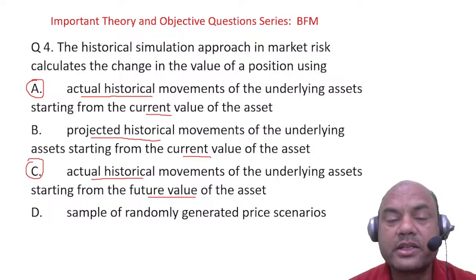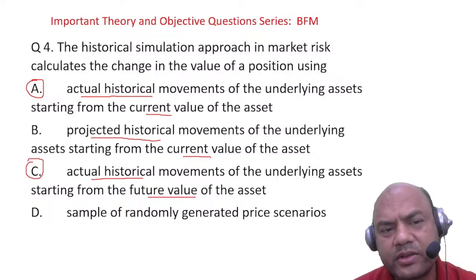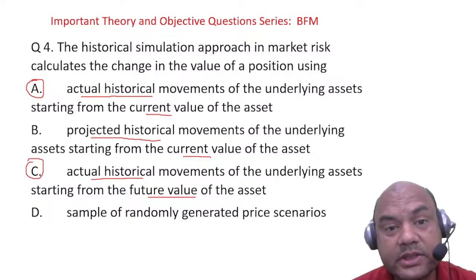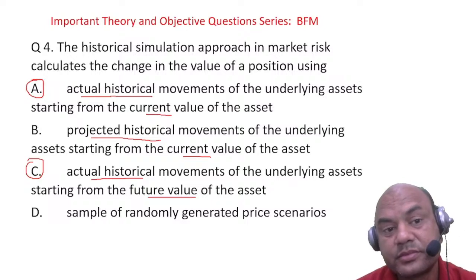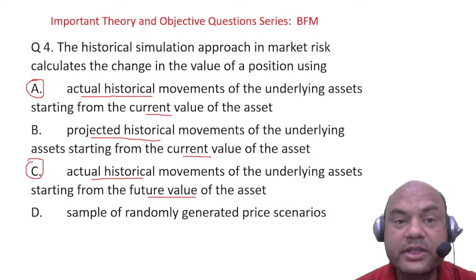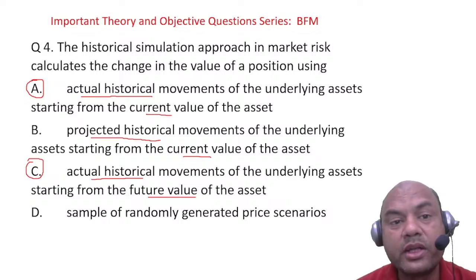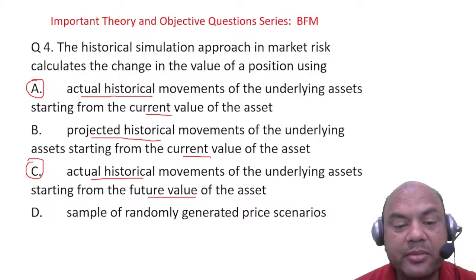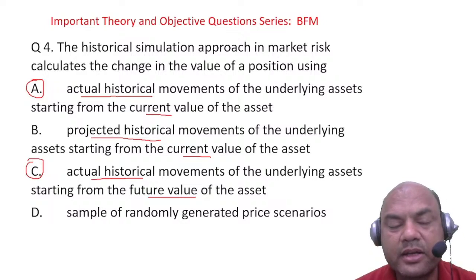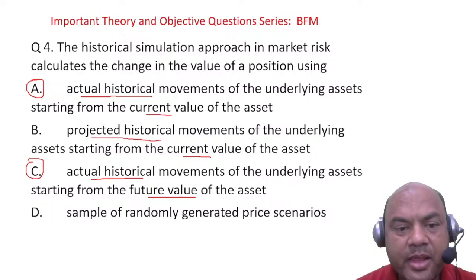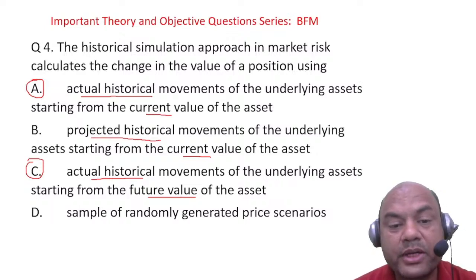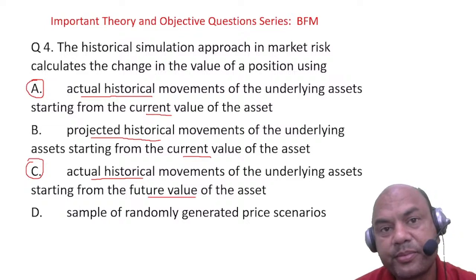Think over it logically also. In the exam it happens many times that you don't know the answer. In that case, you should go on the elimination method. First, eliminate randomly generated; nothing is randomly generated in statistics. Then projected historical movements: how can historical movements be projected?